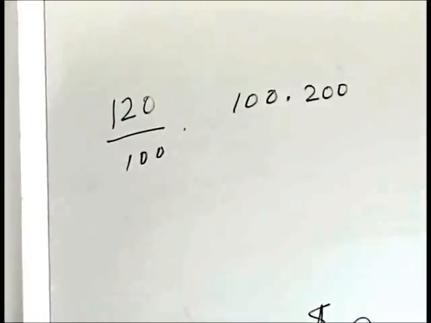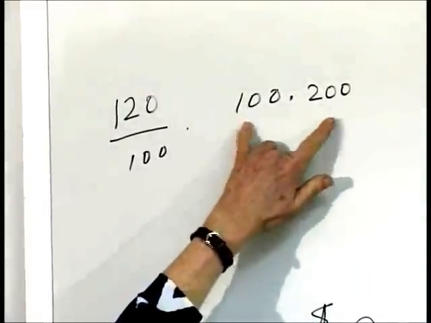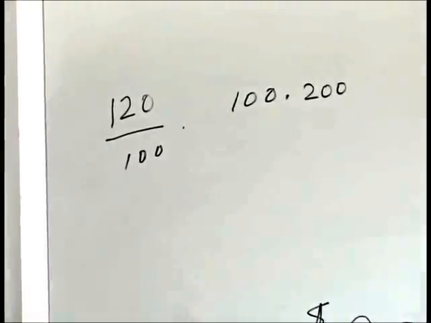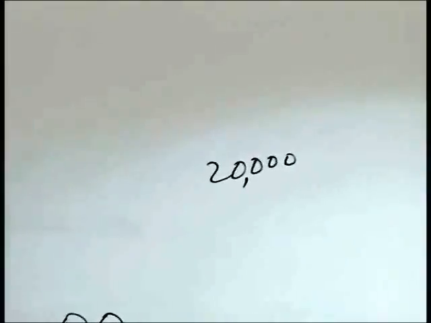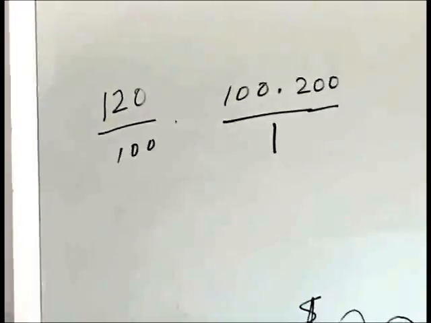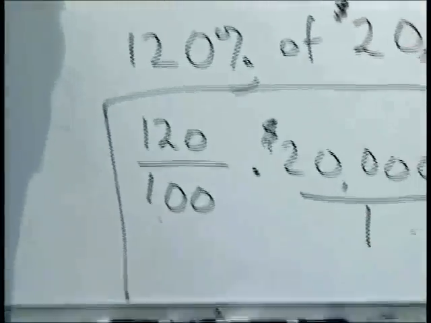Double check me, am I doing this right? Is 100 times 200 equal to 20,000? Let's see. 200, and when I multiply by 100, I add 2 zeros. So yes, it is. So this is equal to this.